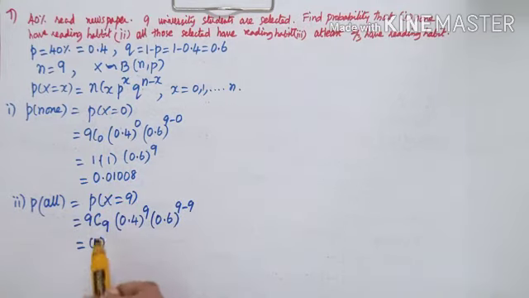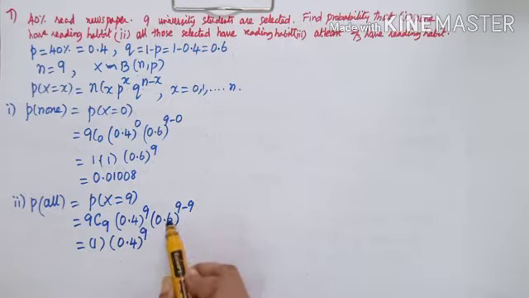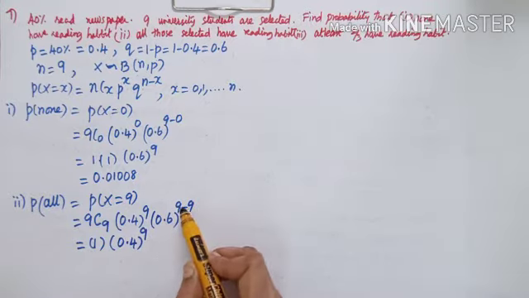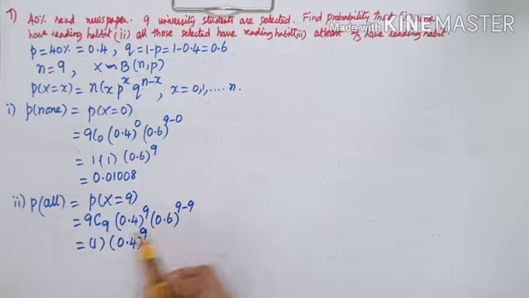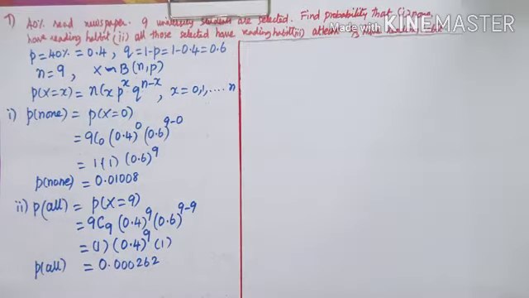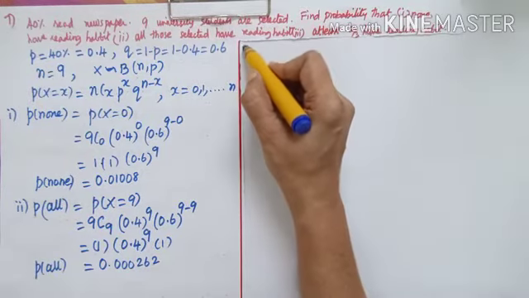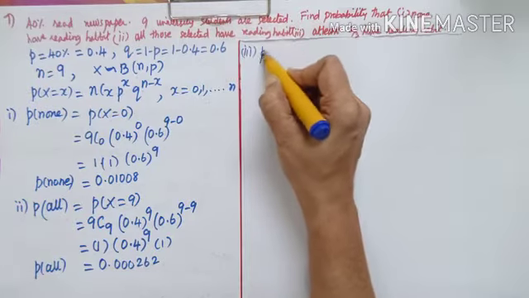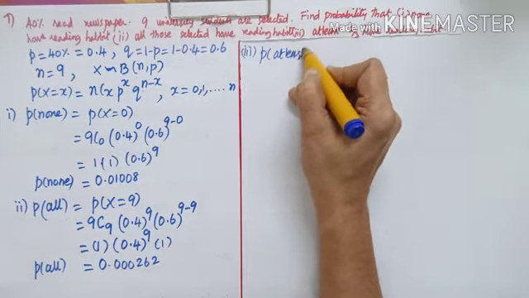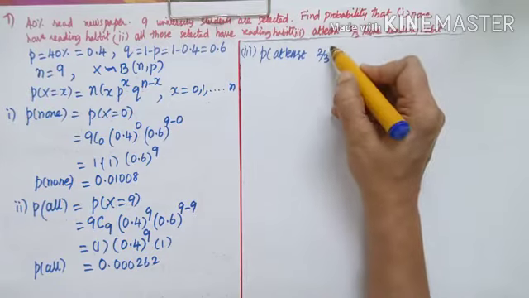Anything power 0 is also 1. So this answer is 1. Find out only 0.4 power 9. We get the answer. Probability of all having the reading habit 0.000262.